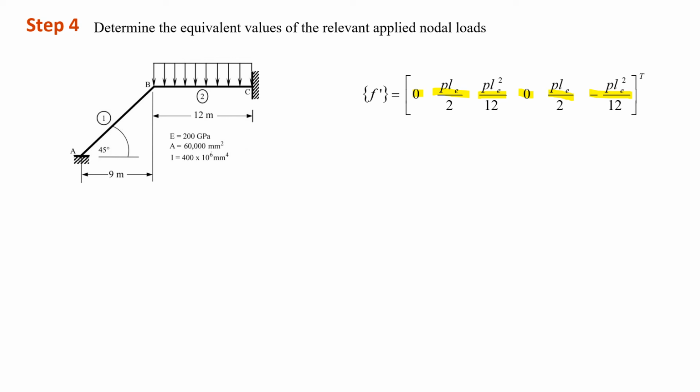So by using this equation, we know P is equal to 100, L is equal to 12 meters. So we can use these values and obtain the equivalent forces and moments.